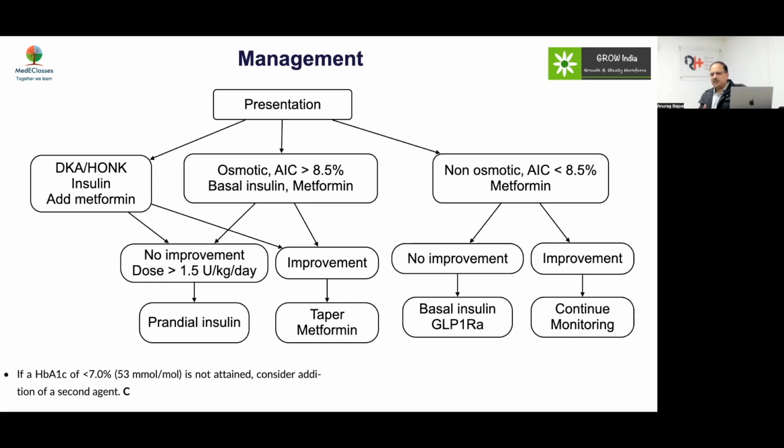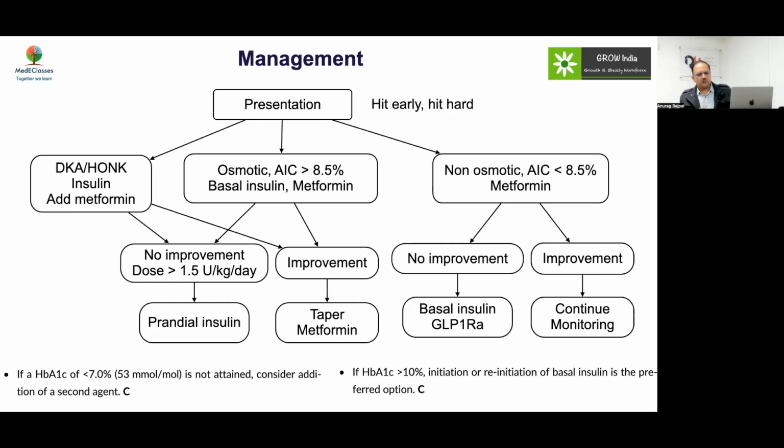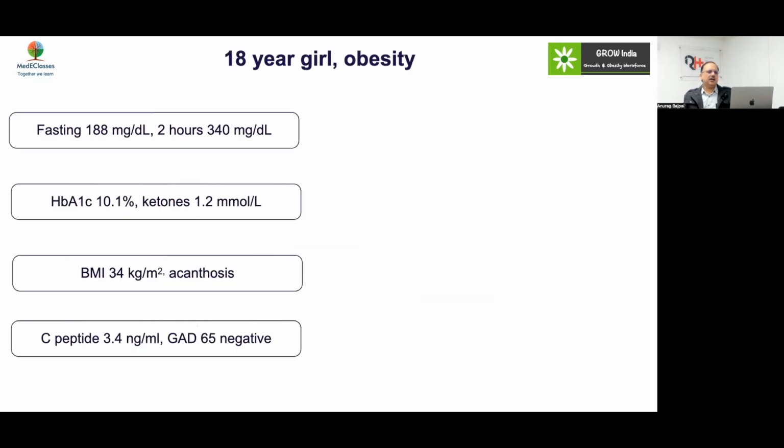No, now they say be aggressive right at the beginning, because if you have good control in the beginning, you will have a good impact later on. This is known as the legacy effect, which I mentioned last time also. And if HbA1c is more than 10% on follow-up, you should always ask, is something going wrong? Shall I consider starting insulin? So the concept is hit early, hit hard.